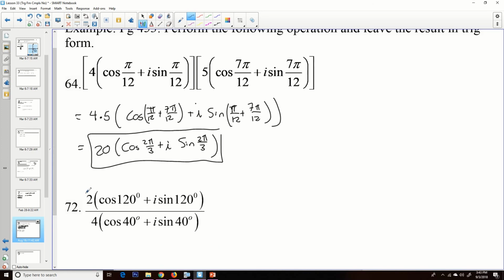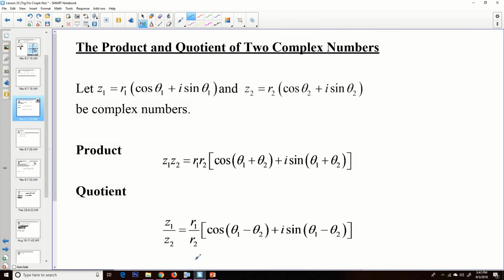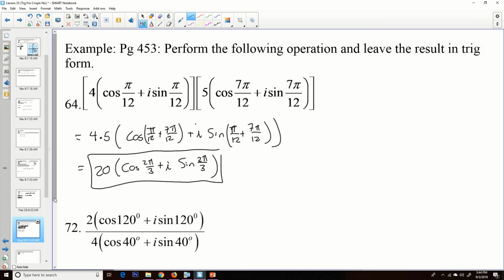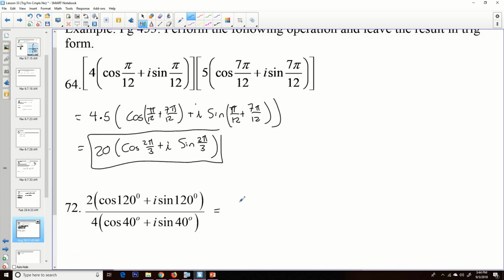Similarly, if I am doing the quotient of two values, I go back and I look at the formula that they give me. I'm going to divide the modulus, and then I'm going to take the difference of the arguments. And so here, it's going to be equal to 2 over 4, and then it will be the cosine of 120 minus 40 plus i sine 120 minus 40.